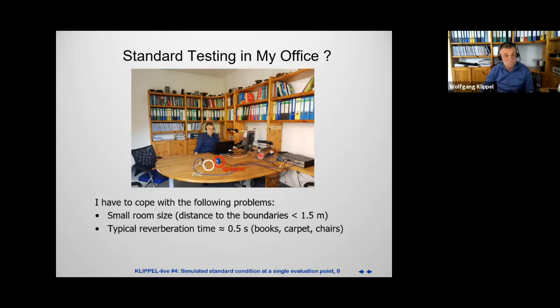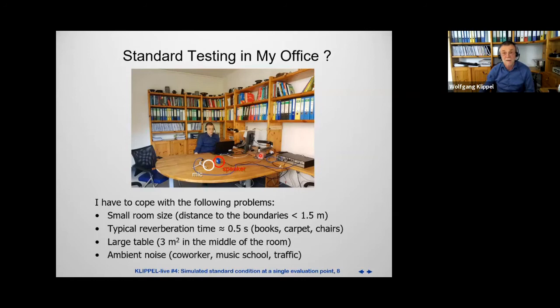No, that's not a good treatment. And I have a large table, but it's not large enough to have an infinite half space. So it's only 80 centimeters, 70 centimeters away from the speaker. That's it. Those are the problems. And maybe I have some ambient noise from outside.